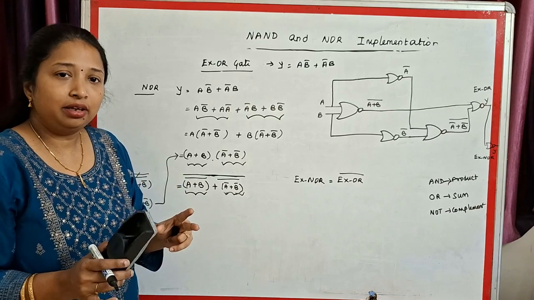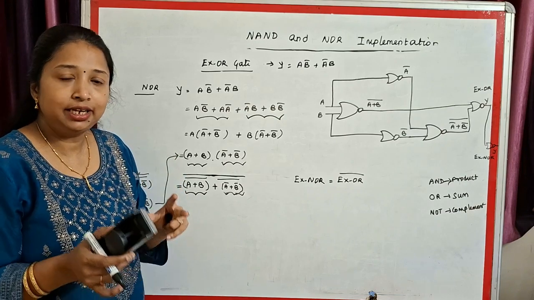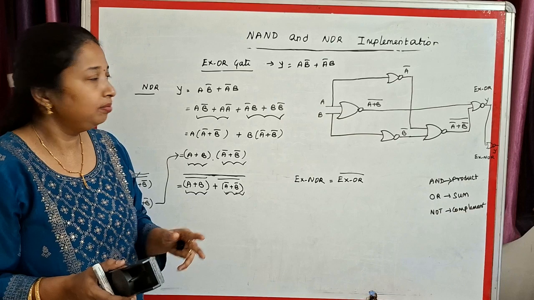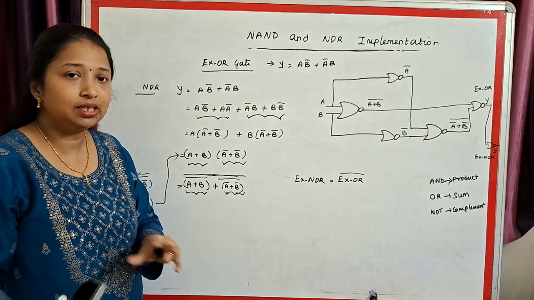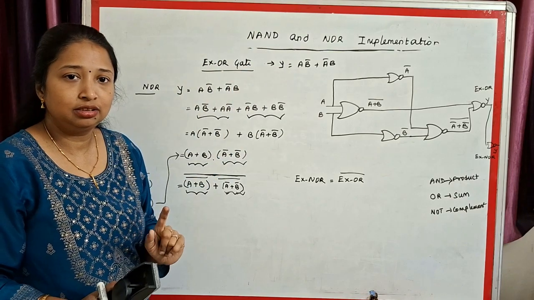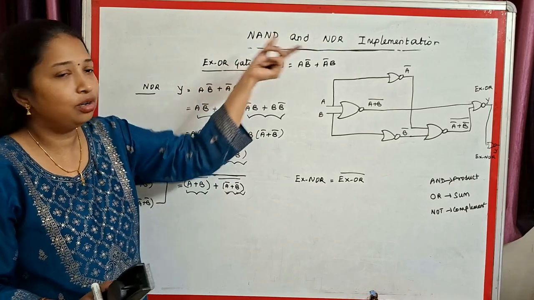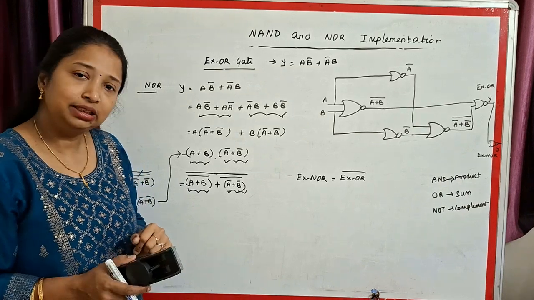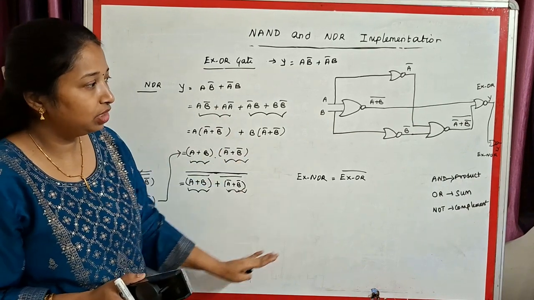To simplify and to reduce the complexity of that logical diagram, you can replace all the gates that you're using there using just any of these two gates. That is why NAND gate and NOR gate are called the universal gates. Is that clear? I hope you are clear with the concept.